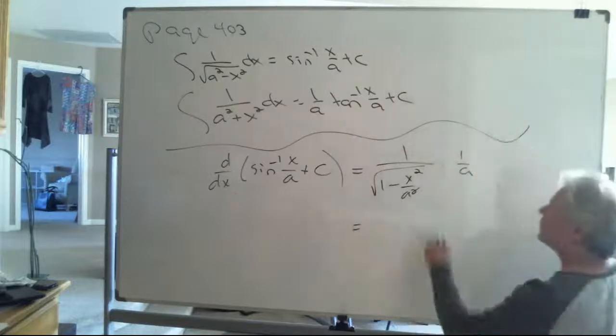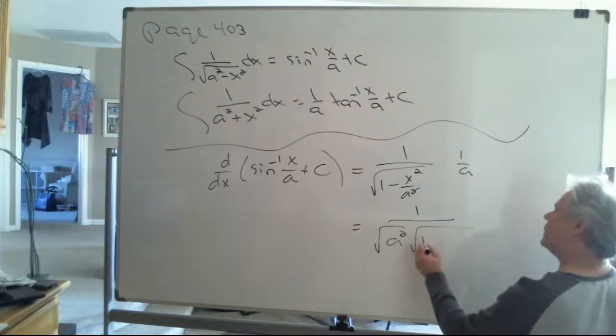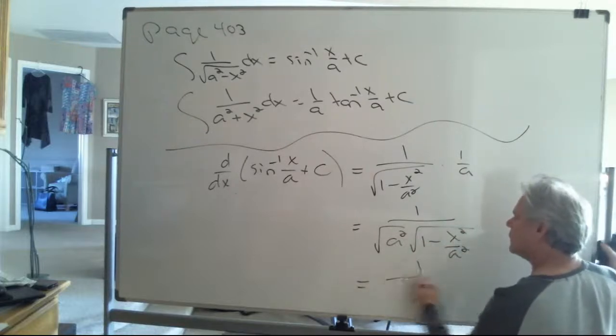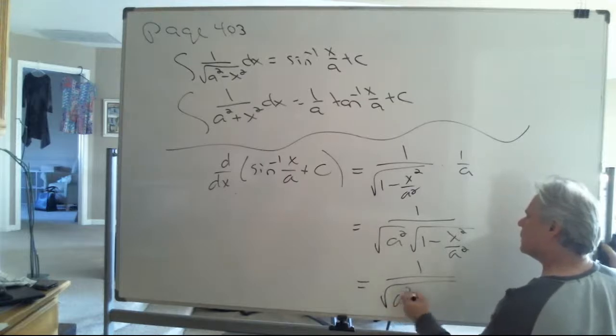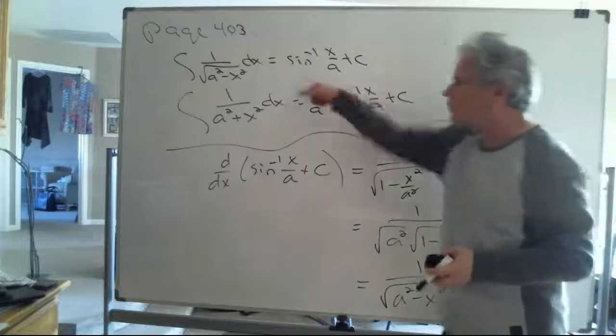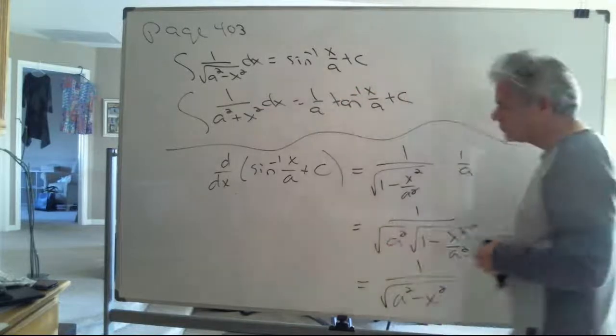However, that gives me this. And that gives me this. So I think I've just proven this is true because I went backwards. I differentiated this and got what's in the integrand's position.